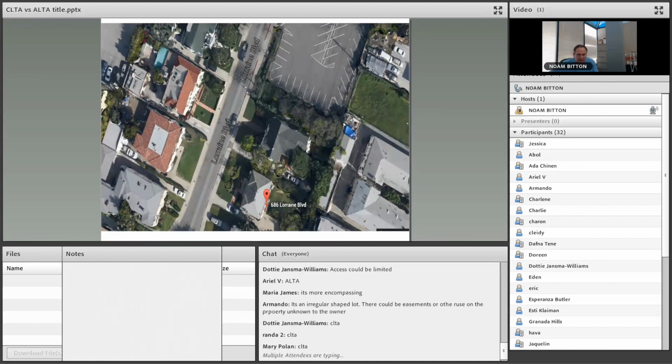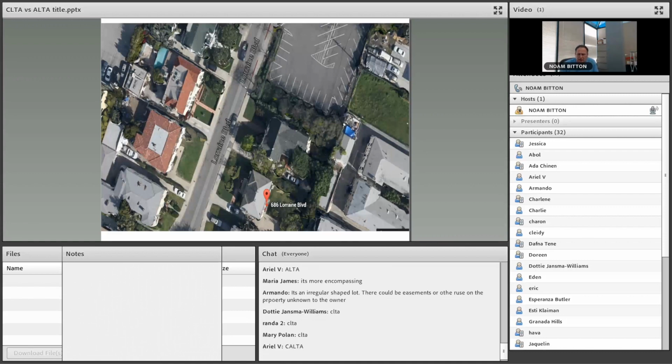Yeah, CLTA in this situation is going to be very common. You don't have to go to the extent, because first of all you can see that this house is a small house, it's not that expensive, the property lines are very simple and it shouldn't be any issue. So that's going to be a CLTA.